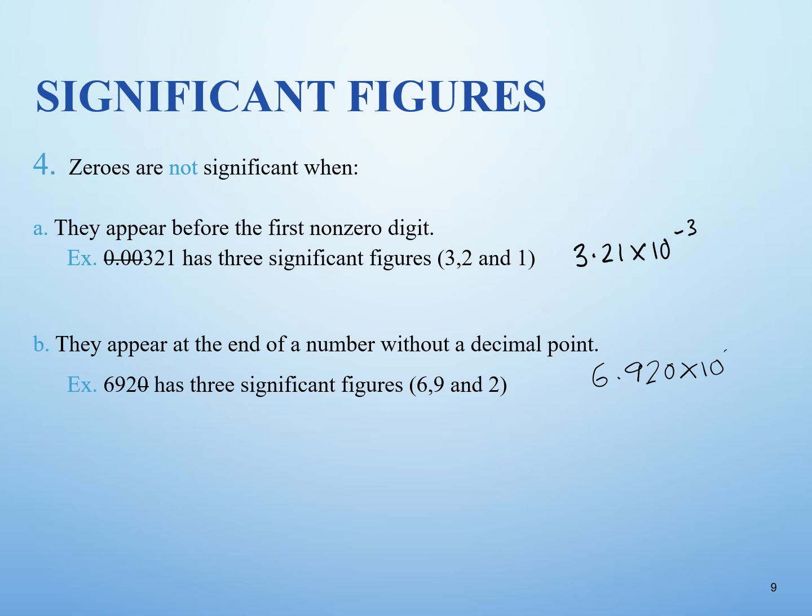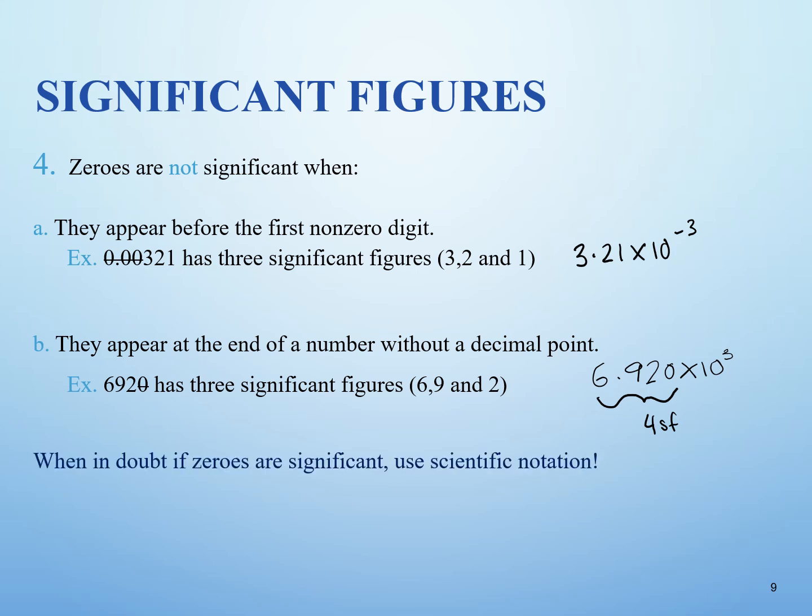See how it's bigger? So it's 10 to the power 3. So if it was 4 sig figs, this means 4 sig figs. If you didn't write it in scientific notation, this number is assumed to be only 3 sig figs. That's just how it is. When in doubt, if zeros are significant, use scientific notation. See, that's why it's best to learn how to write it in scientific notation.